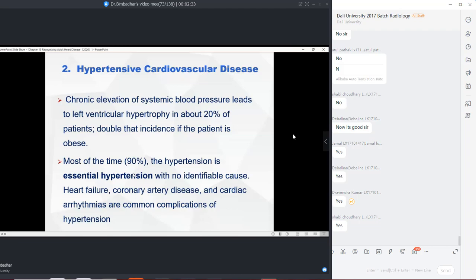All of the conditions related to the heart, which actually cause hypertension, are heart failures, coronary artery diseases, cardiac arrhythmias, which are the common complications of hypertension. Okay, both work hand in hand. If there is heart failure, there will be hypertension. If there is hypertension, there could be heart failure. Both of them are interrelated. One will compensate the other, or one will worsen the other situation.